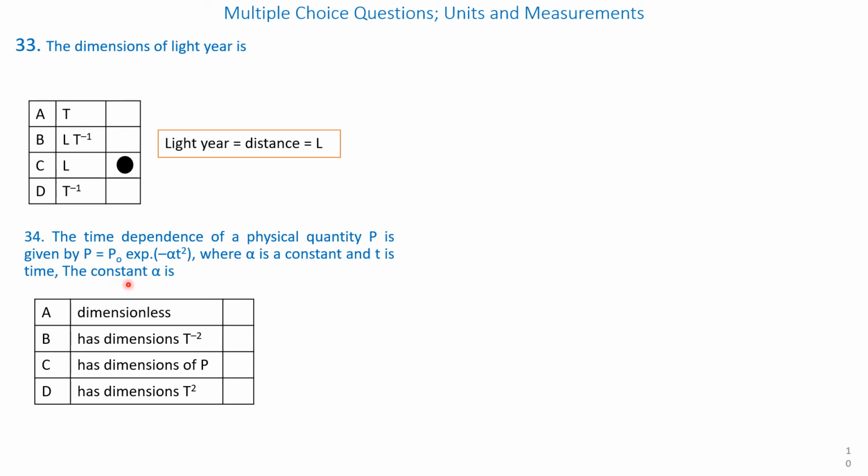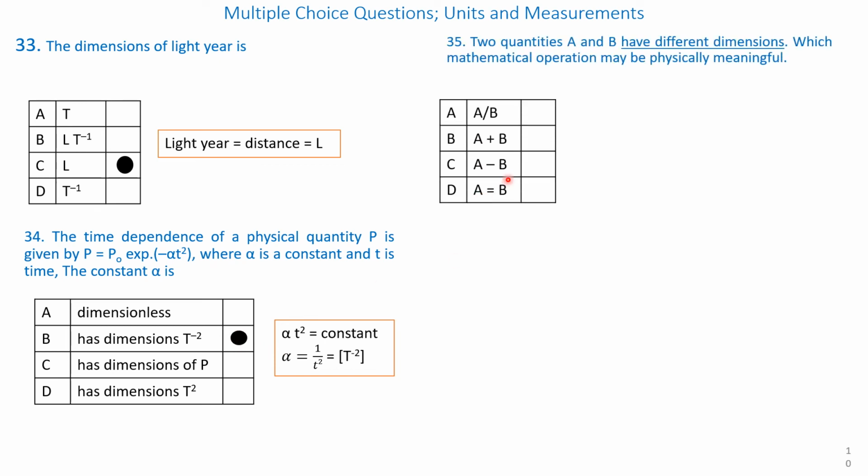The constant alpha is: dimensionless, has dimension t to the power of minus 2, has dimensions of P, or has dimensions of t square. Therefore, alpha t square, that is the exponent, is a constant. Therefore, alpha is equal to 1 by t square, that is t to the power of minus 2. Option B is the correct answer. Please mark it.